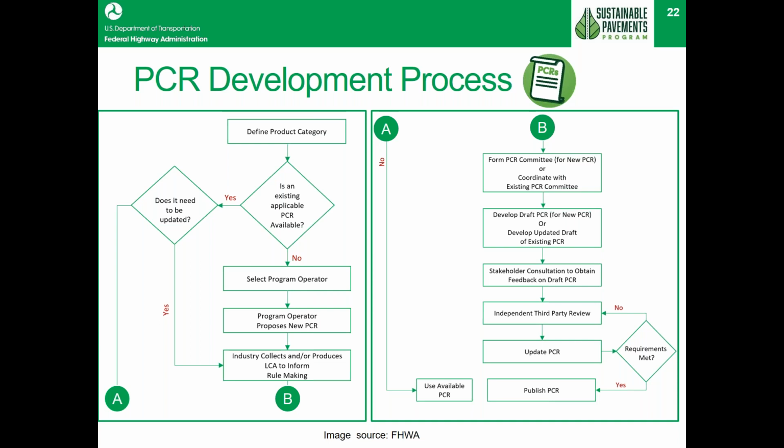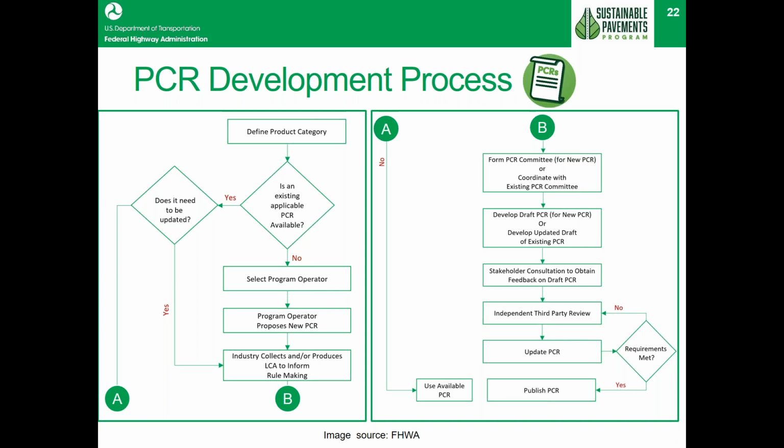And then the final category is if there is not a rule at all, then you have to go through the process of finding a program operator, such as an industry trade group, for instance, that might lead the process. You would identify the program operator.